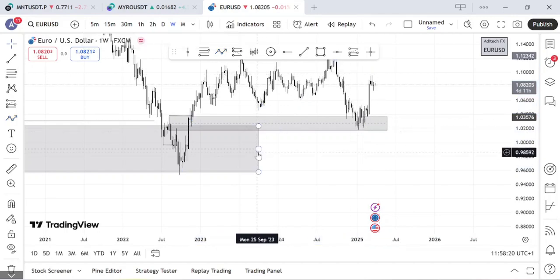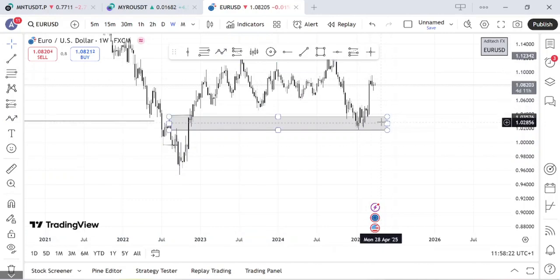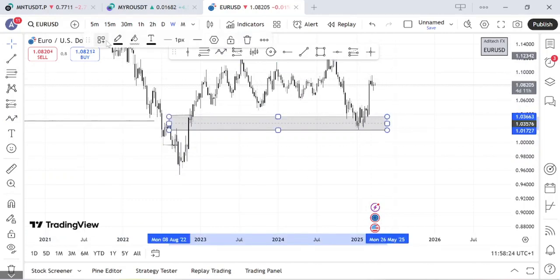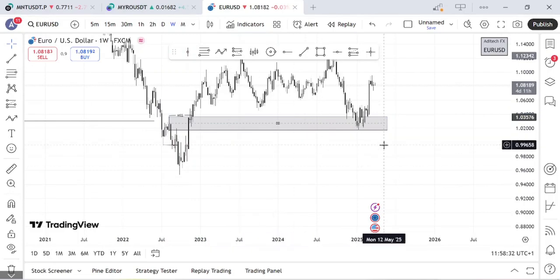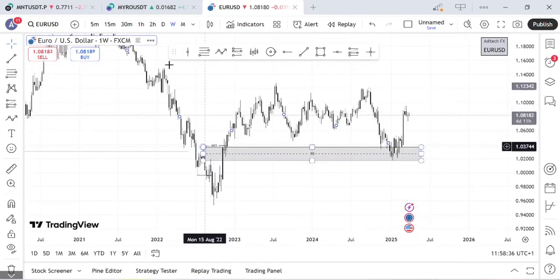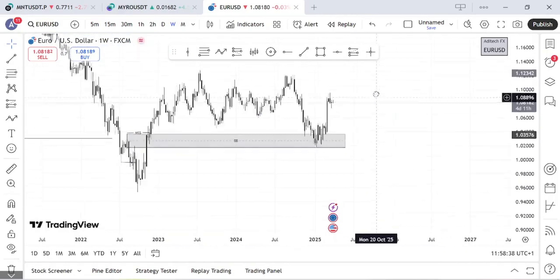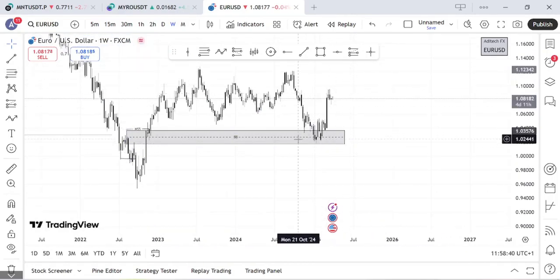So right now I don't need this level again. Now we are focusing on this breaker block right here, and this is a market structure shift or a change of character from bearish to bullish, or from sellers to buyers, right? So now price has respected this level.